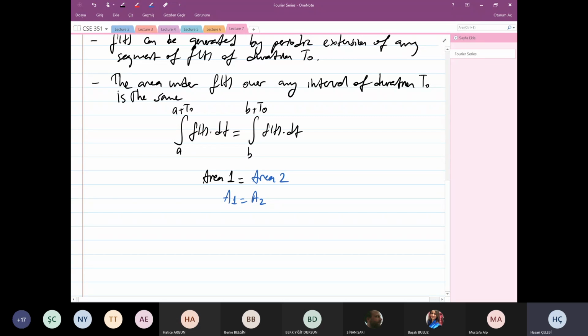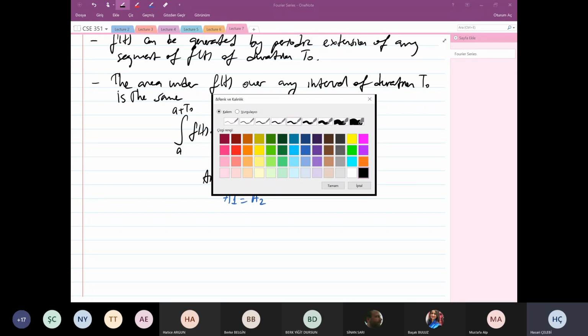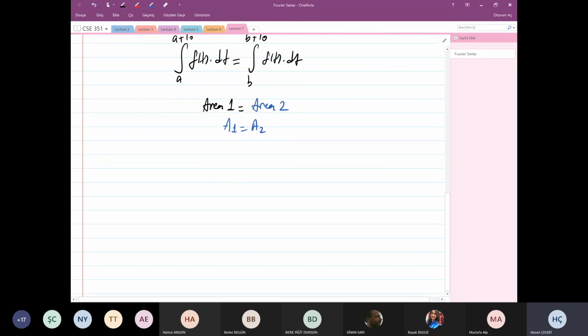Okay, so Fourier series can be applied to periodic signals. This is very important. We can apply the Fourier series only to periodic signals. That's why we start with the periodic signal, and the relationship with our series is given as follows.